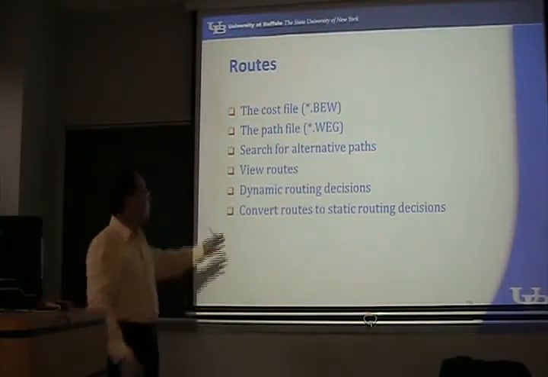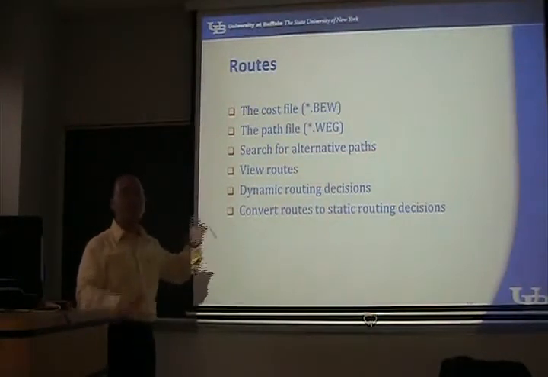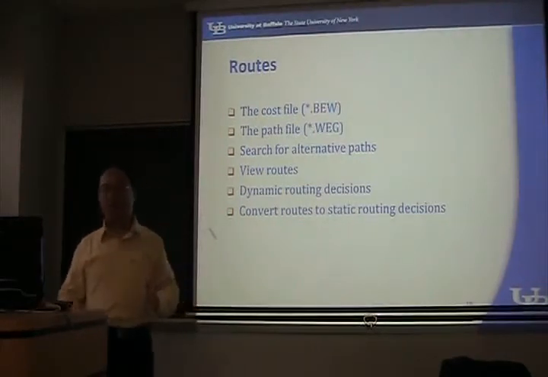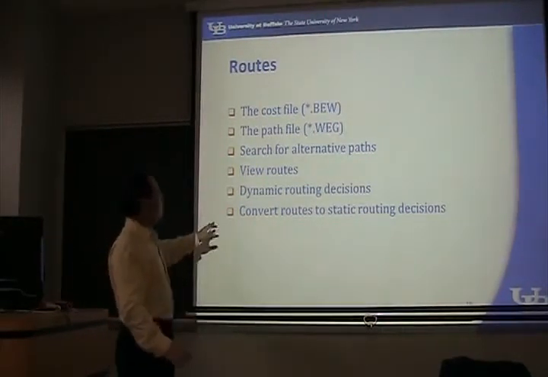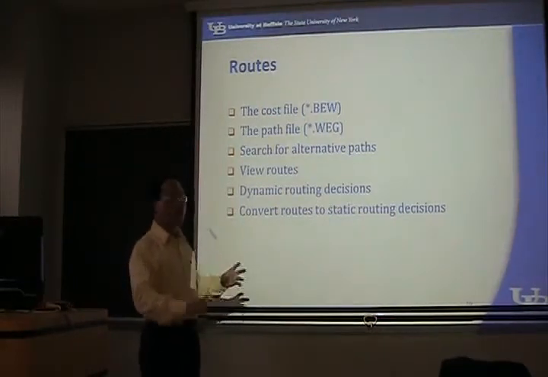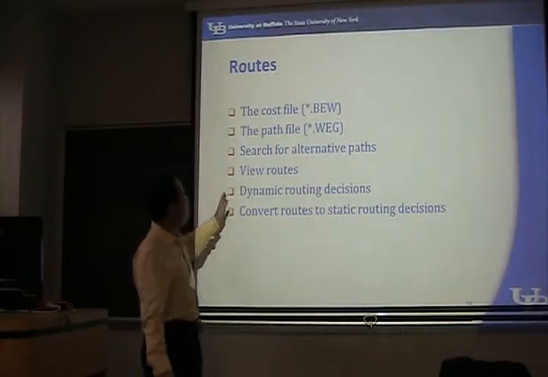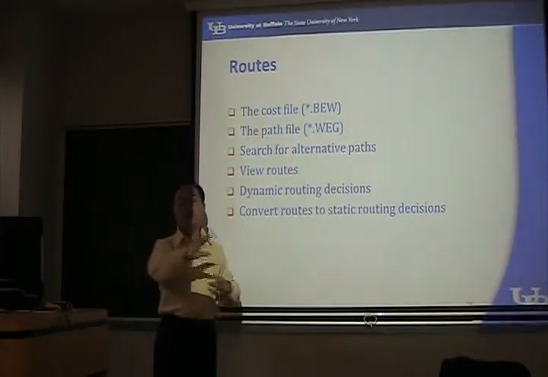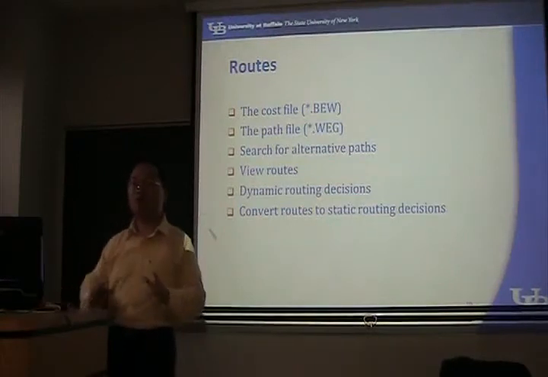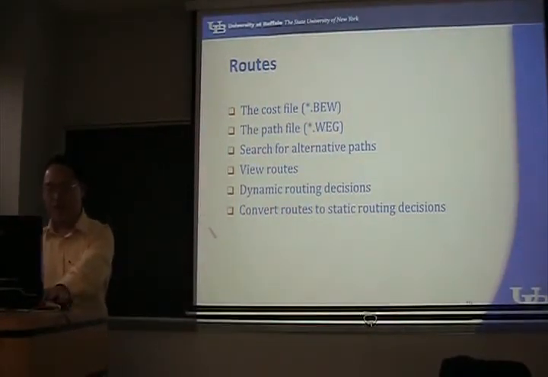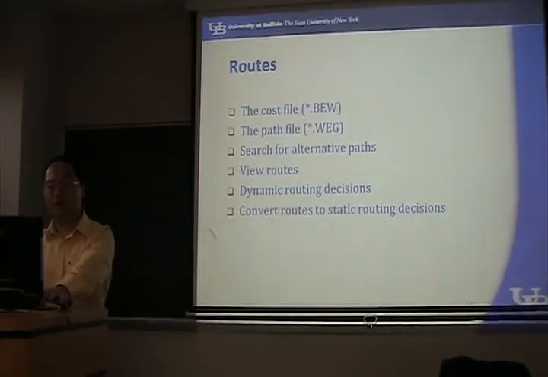But you can use dynamic routing decisions, which is very similar to dynamic traffic assignment, but they are not used in the beginning of the simulation. When the vehicles approach these dynamic routing decision points, they are going to select their routes according to some criteria. And the last interesting thing is to convert routes to static routing decisions. That's very interesting.